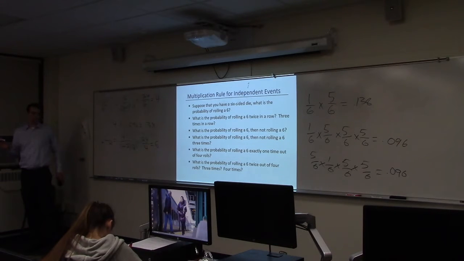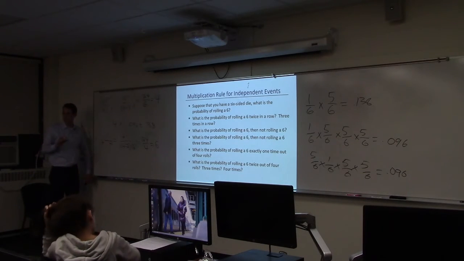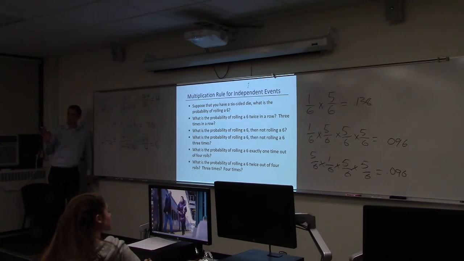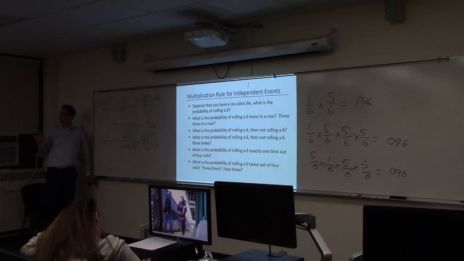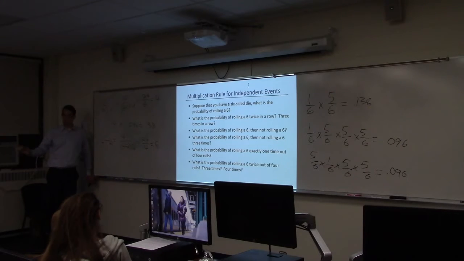What's the probability of it happening each time that it does? What's the probability of rolling a 6 twice and not rolling a 6 twice? What you can do is you can pick any individual way that it might happen.